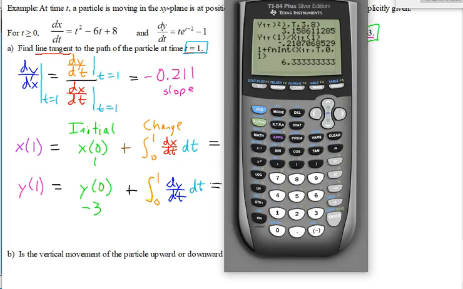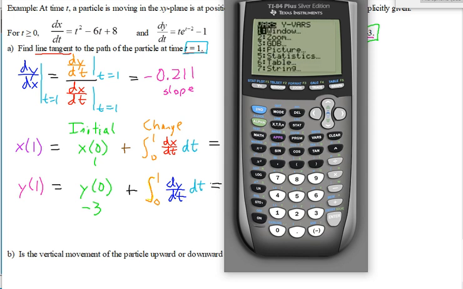So we can enter this one, negative 3. It's very similar to this one, so we can go second entry, and then just change this to negative 3, so it's negative 3 plus, and then everything's the same except for this one we want it to be y1 of t.